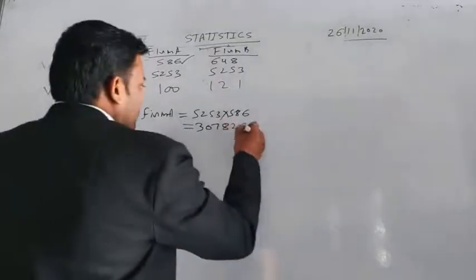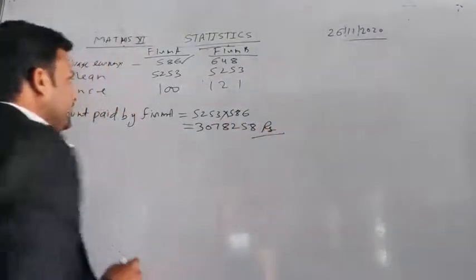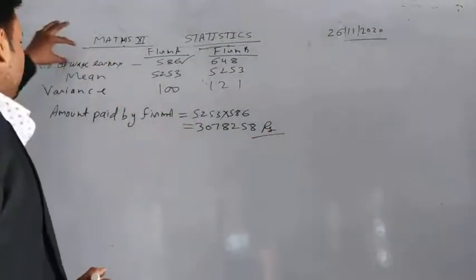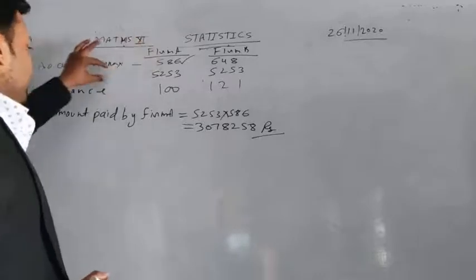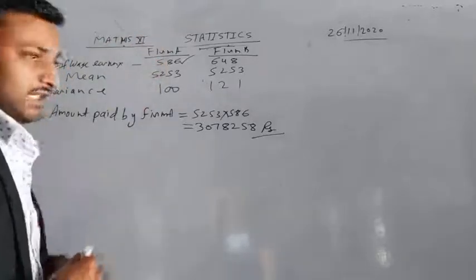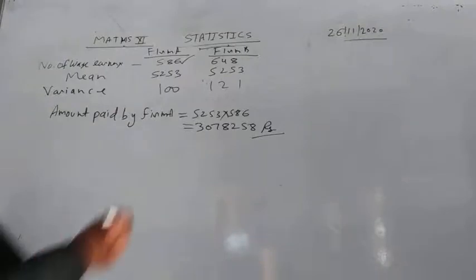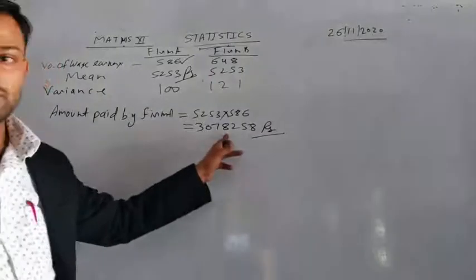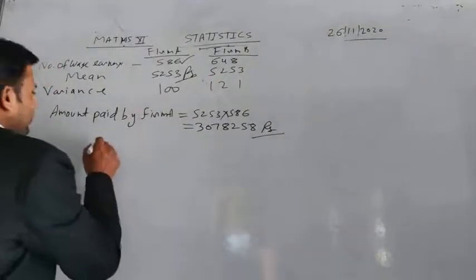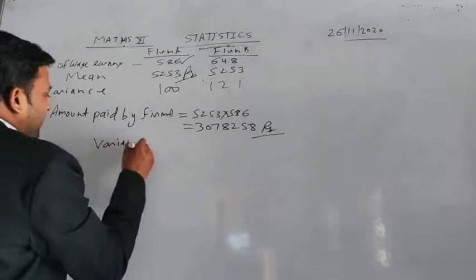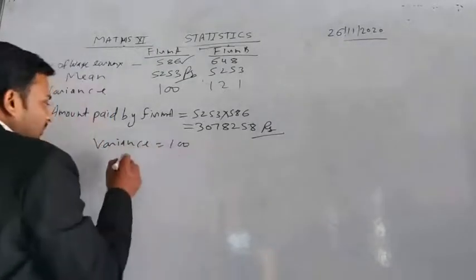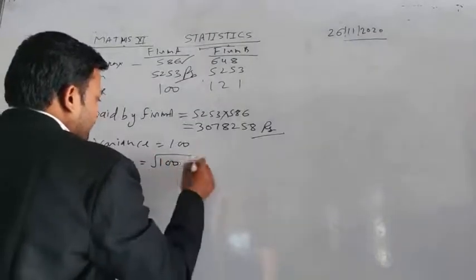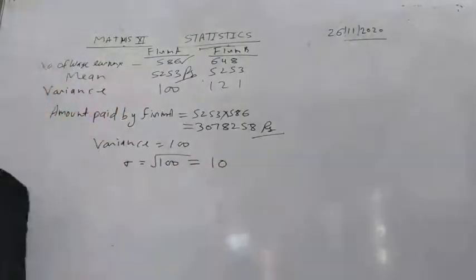It will be 3078258. So the total amount paid by firm A will be this, because the number of wage earners is this and the mean average amount is this. The variance is 100, so our sigma will be the square root of this, which is 10.